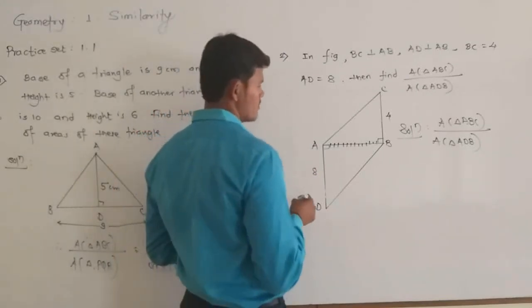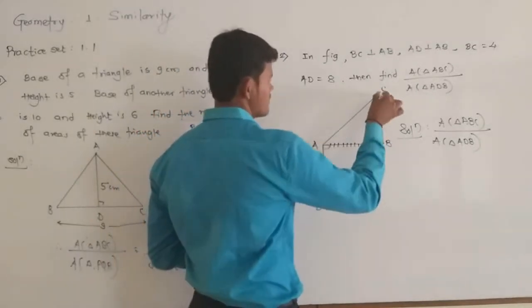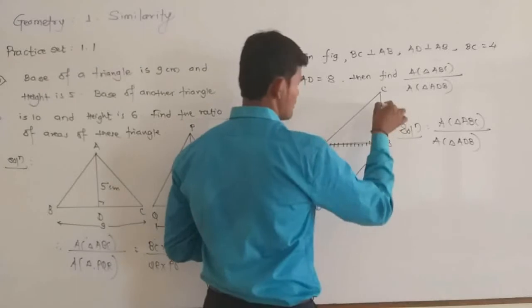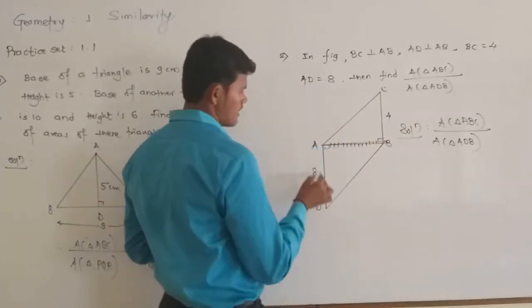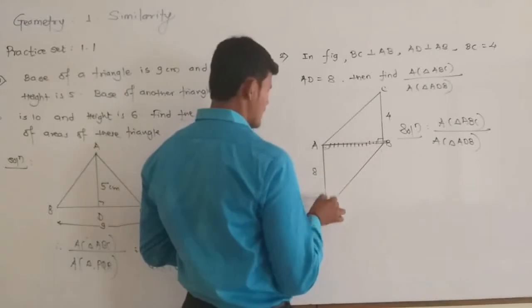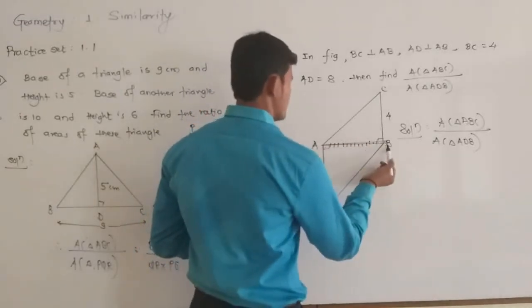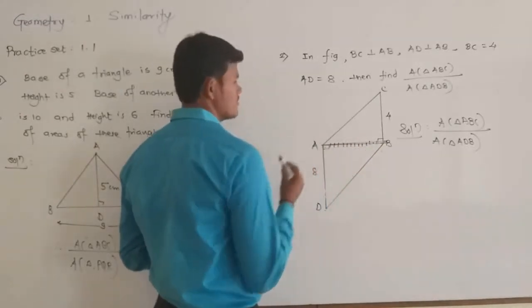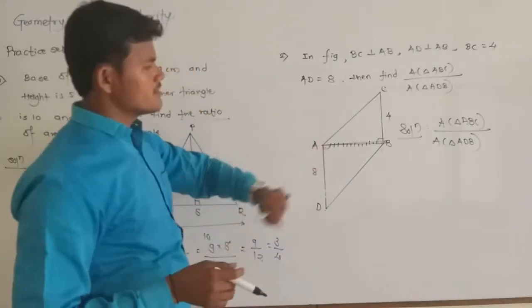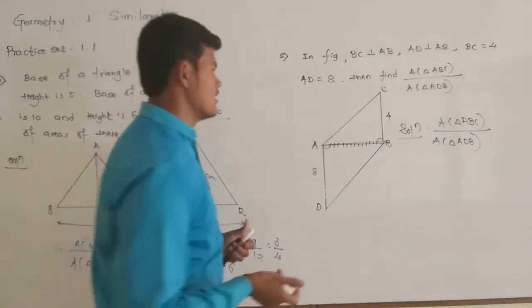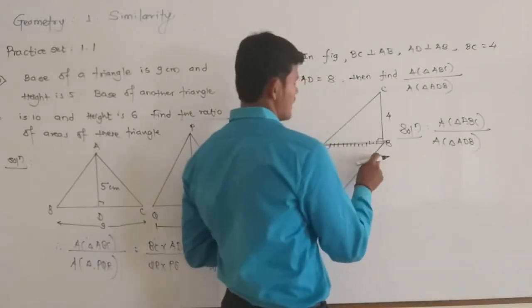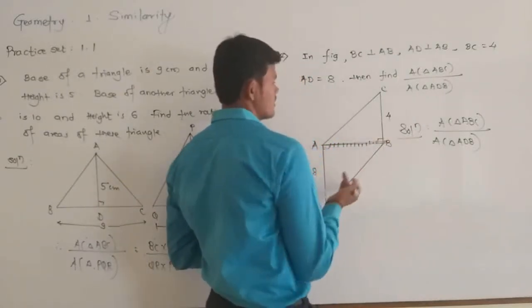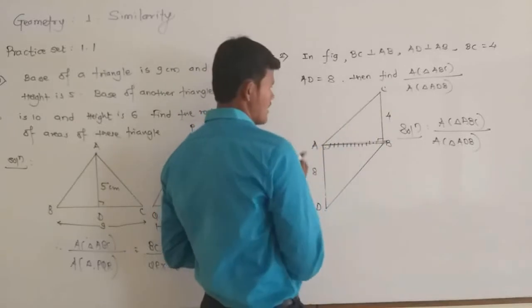Why is AB the common base? Because for triangle ABC, AB is the base because BC is perpendicular to AB, and for triangle ADB, AD is perpendicular on AB. That means for triangle ADB also AB is the base. That means AB is the common base. And if two triangles have equal bases, then area is proportional to their corresponding heights.